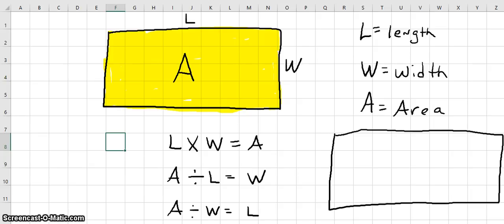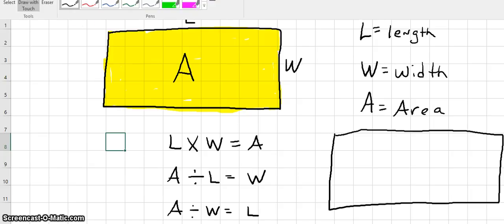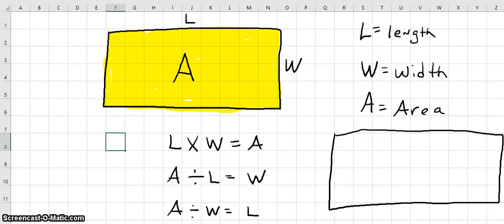But sometimes we are not given the length and the width. Sometimes we're given the area and the length, and we have to figure out what the width is. And so we use area divided by length equals width. Or sometimes the length isn't given to us.